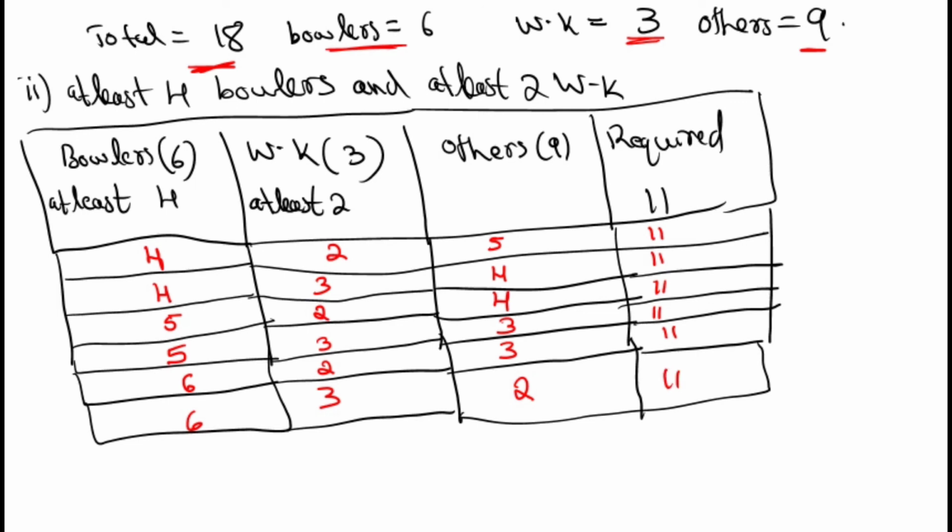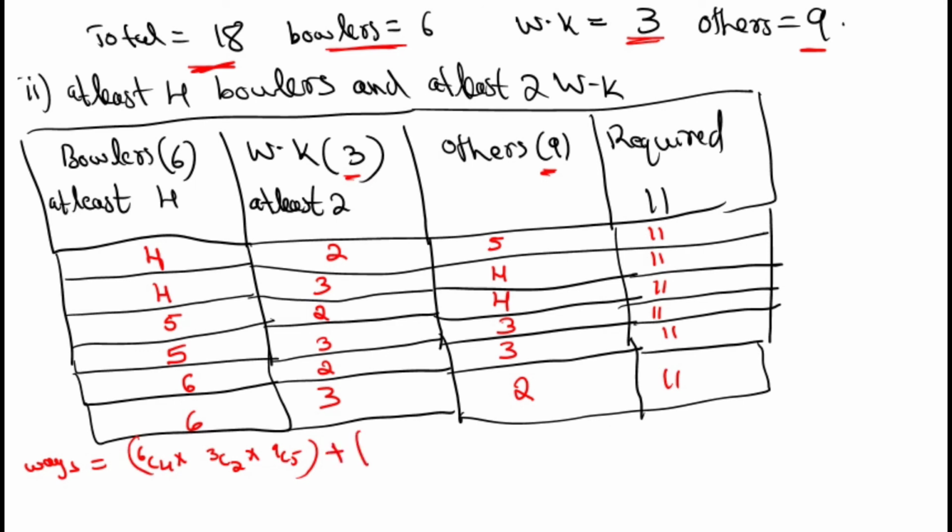So write the total possibilities. Total ways is equal to, see, 1, 2, 3, 4, 5, 6 options are there, right? So first option, 6C4 into 3C2, out of 3 you need to select 2, into 9C5, out of 9 you need to select 5. That's the first option. Plus, what's the second option?